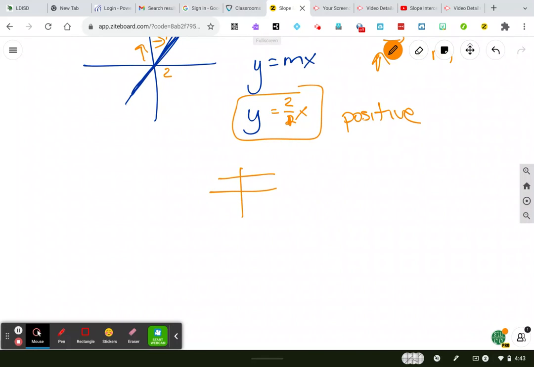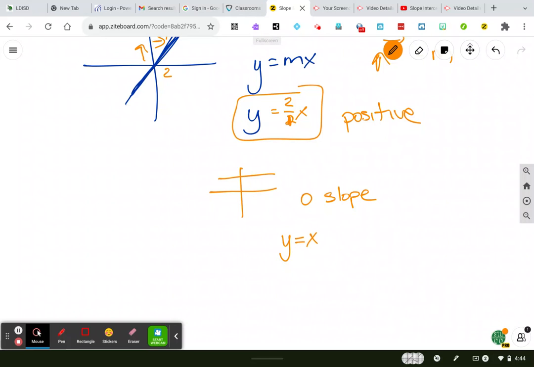There's 0 slope. It's a straight line. Nothing to even do. And that's all you really need to know for this.